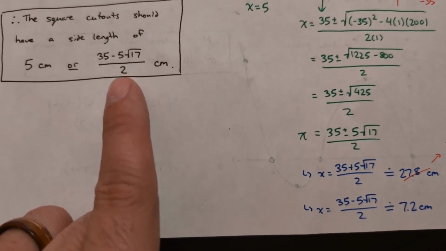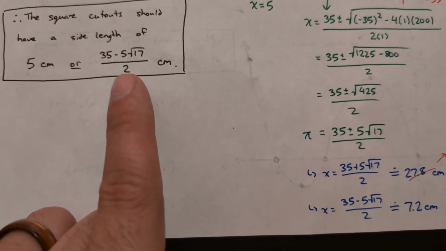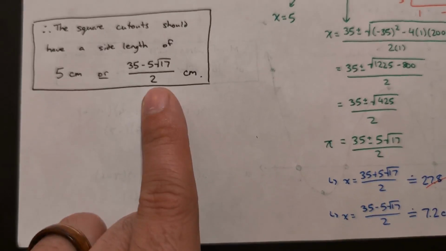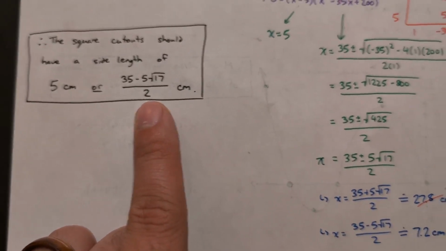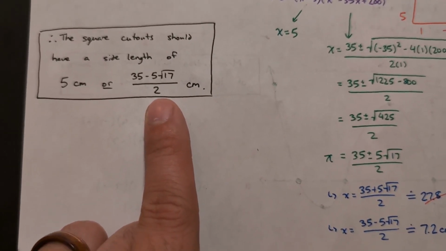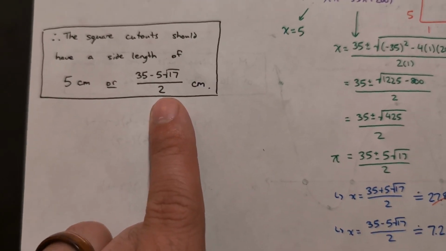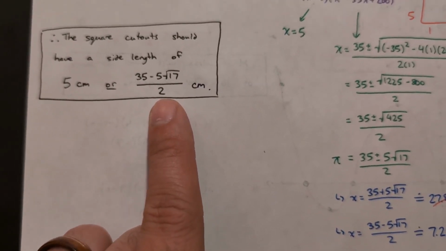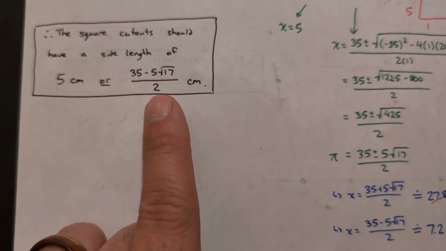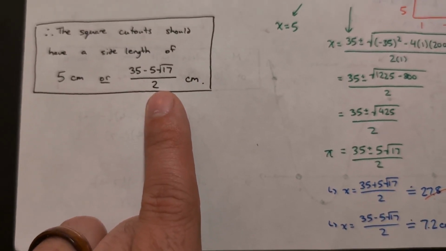This is exactly what that side length would be in order to give us one of our answers where the volume is equal to 4,000. So it may look weird, but it's okay to write your answers in this exact form.